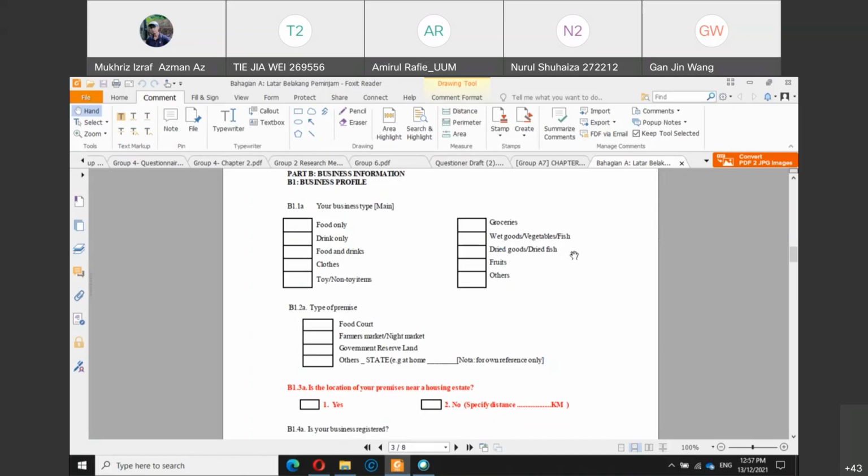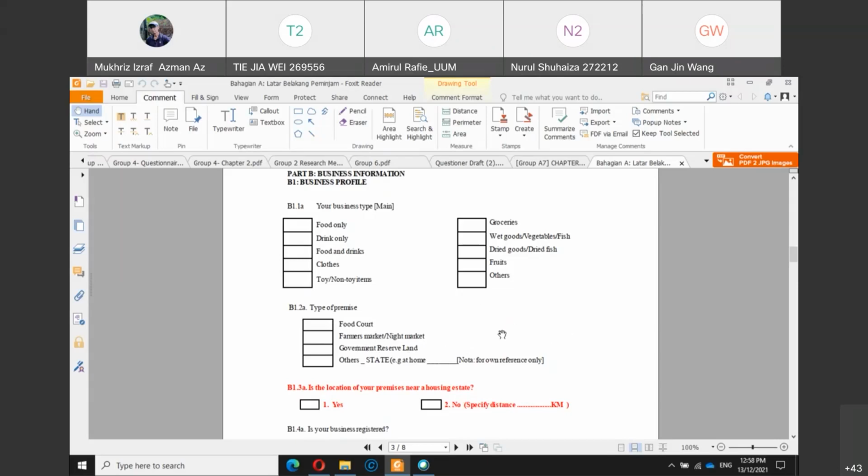Kat website. Okay, but you all tahu tak, daripada you all punya scope ni bukan SME. You all tanya penggerai pasar malam, food court, yang berniaga kat tepi jalan tu, itu bukannya SME. In your category is kedai yang berdaftar macam kedai runcit, but these are not the focus of your study. So the questionnaire you all guna pakai ni bukan untuk SME, small and medium enterprise.